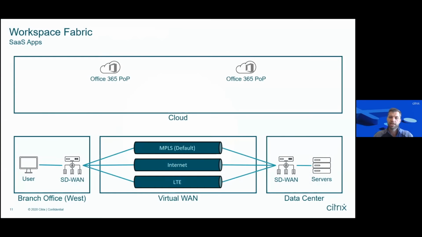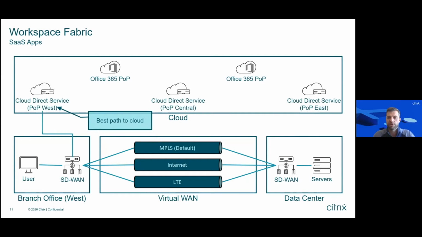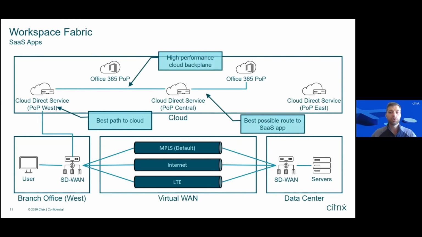So SaaS applications that are cloud hosted across many geolocations often operate out of multiple points of presence. And so when a user tries to access an app, SD-WAN service will find that closest, fastest, lowest latency route to that closest POP, and then will steer the connection accordingly. And so from there, the connection can enjoy the benefits of that high-speed cloud backplane to connect the user to their desired SaaS application.